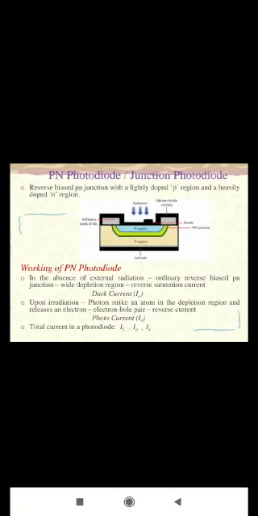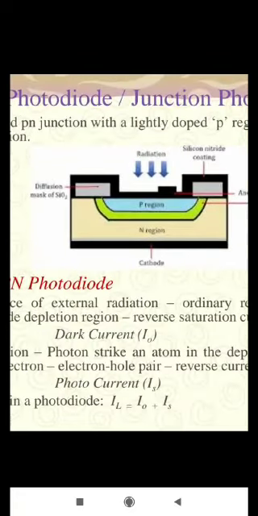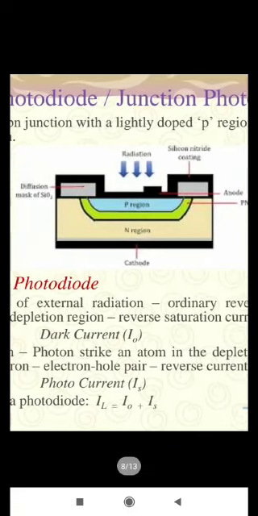A PN photodiode is a reverse biased PN junction with a very thin transparent P region to absorb photons. In reverse bias, as you all know, the P region is connected to the negative terminal and the N region is connected to the positive terminal. As you can see here in this figure, there is a lightly doped P region and a heavily doped N region, and the space between the P and N regions is the depletion region.